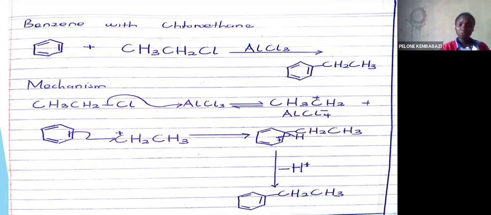And this reaction occurs in presence of a halogen carrier catalyst. It may be iron 3 chloride, or it may be aluminium chloride. So you identify that, then you outline that mechanism.